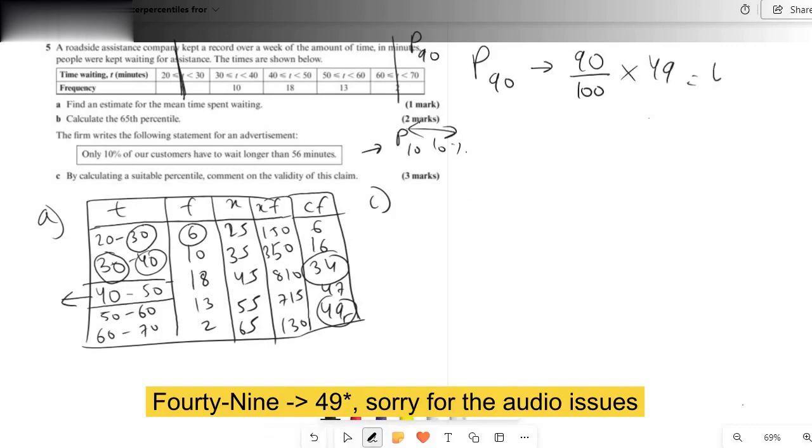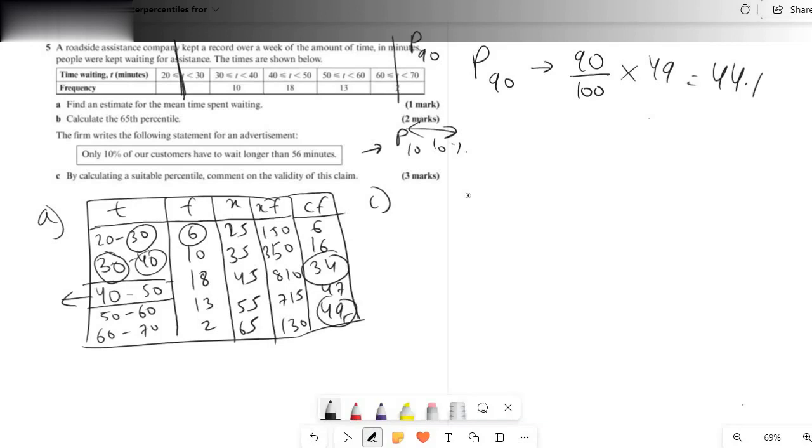So calculating this gives us 44.1, meaning that the 90th percentile is the 44.1th term. So using the cumulative frequency table, we can see that 44.1 lies right after 47, meaning that P90 must lie within this class, which is 50 to 60.